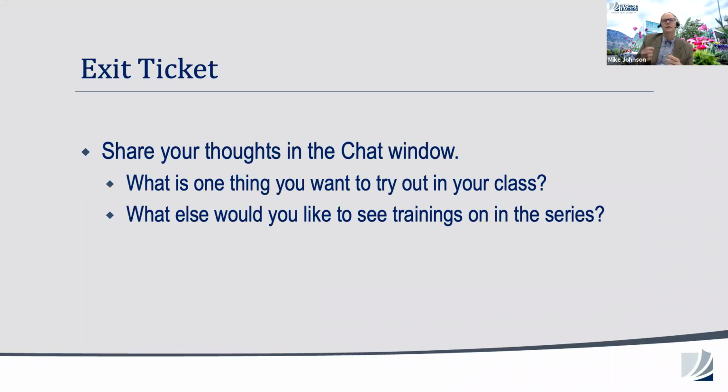So we asked you to consider one thing you're going to try out, right? That's a kind of commitment to try something that we learned about, and to think about other needs you have, right?